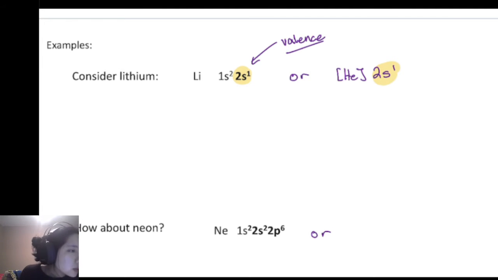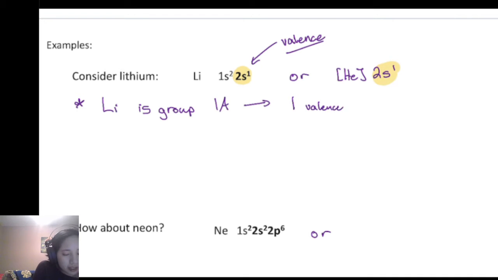So what I want to say here is that lithium is group 1A. So this means that there's one valence electron, which we can see here. That's why I have that highlighted. We have one valence electron because it is a 1A element.